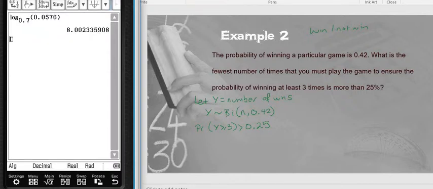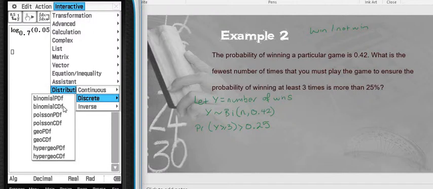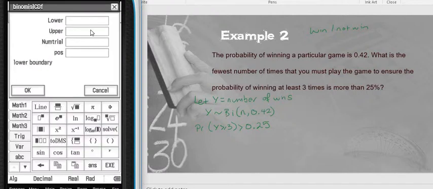We're going to click, like we've done before, interactive, distribution, discrete, binomial CDF. Our lowest value this time is 3. Our upper value is x because it's going to be however many trials we do. Our number of trials is x. Our probability of success is 0.42.